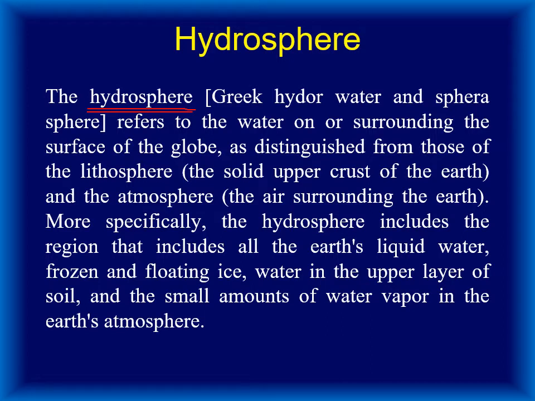Now, if we look at the various occurrences of water, mostly they are liquid in state. Also, there is some vapor state found in the atmosphere, and one important part, the solid part, that is the frozen part of the water, which is mainly found in the polar regions or in the high altitude mountain tops.